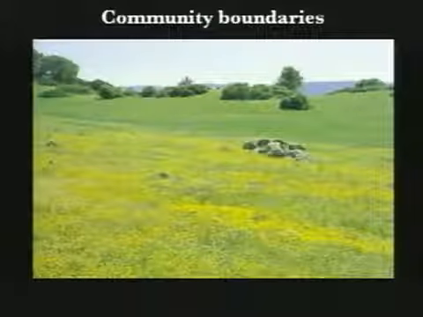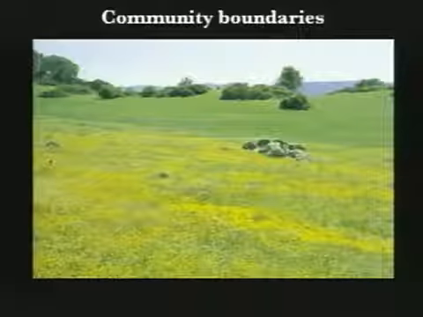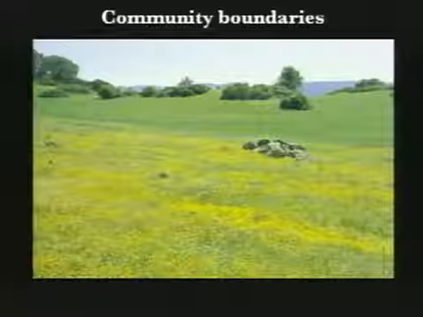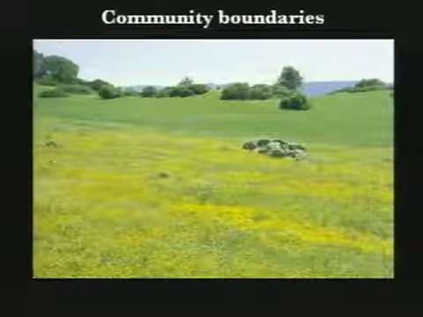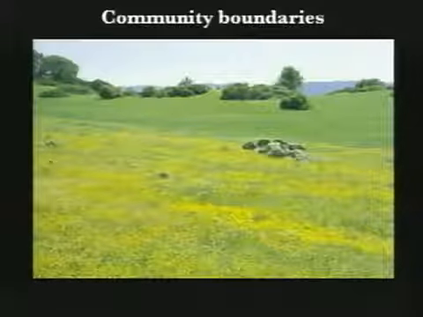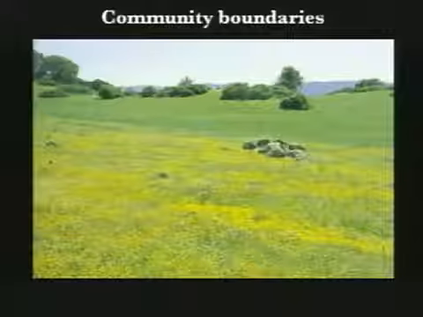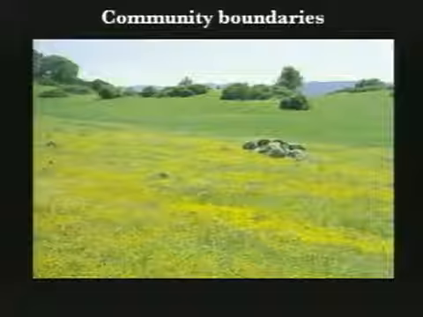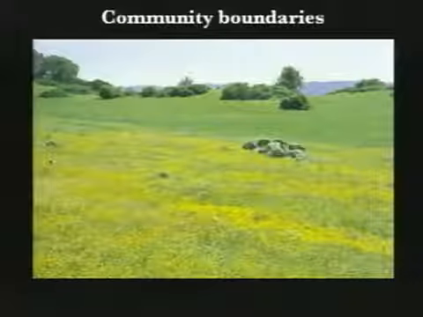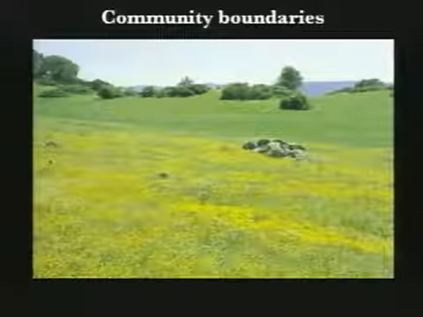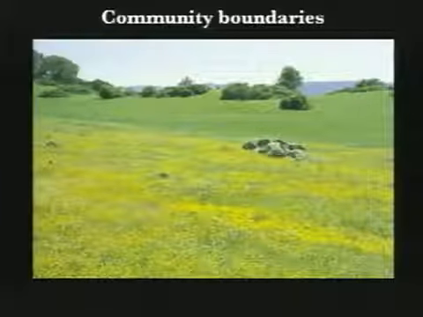This is in California, where the wildflower-rich section is growing on serpentine soil, where it's magnesium rich. And so these types of wildflowers, which require that, are able to grow there. The grassland area growing on a sandstone substrate doesn't have those minerals, and it's the grasses that dominate without the wildflowers. So a distinct boundary exists there between these communities.